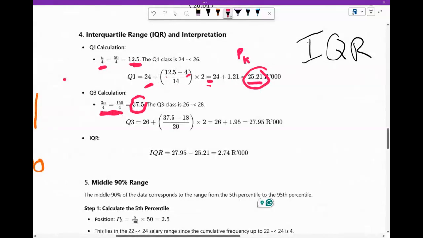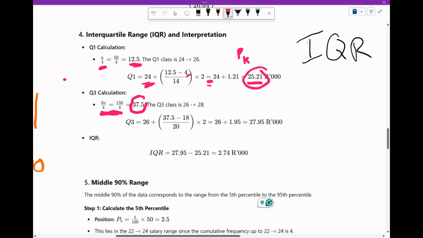Because can you see this is an equal sign? So let's solve it together. 12.5 minus 4, divided by 14, is 0.61. And then times 2 is 1.21. Are you seeing? Okay.